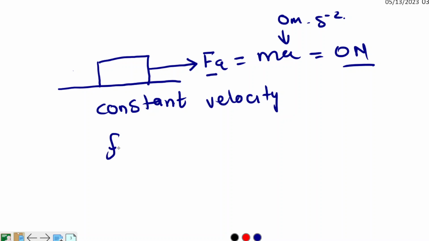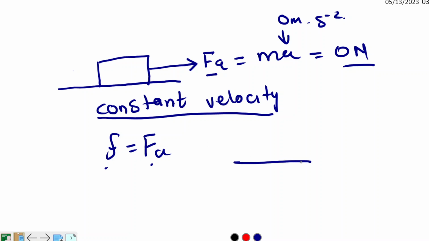Now, by definition, a frictional force is a force that is opposing the applied force. In a situation where an object is moving at a constant velocity, the frictional force will be equal to the applied force.